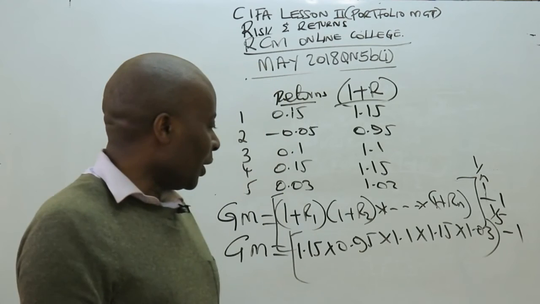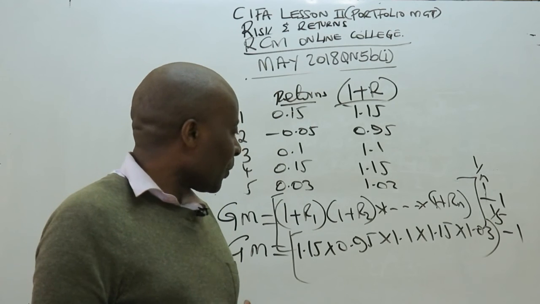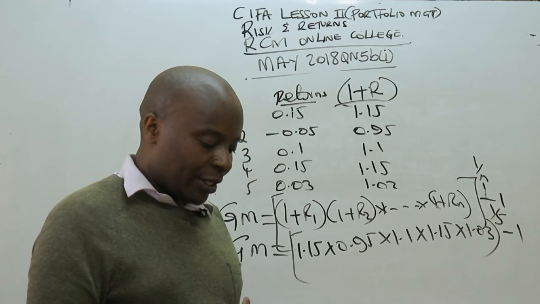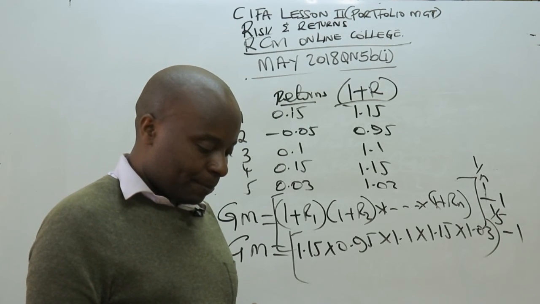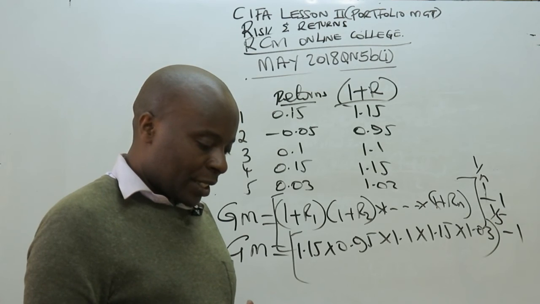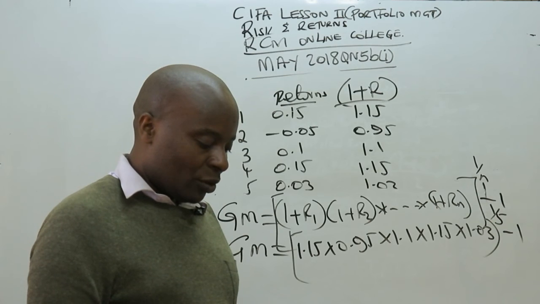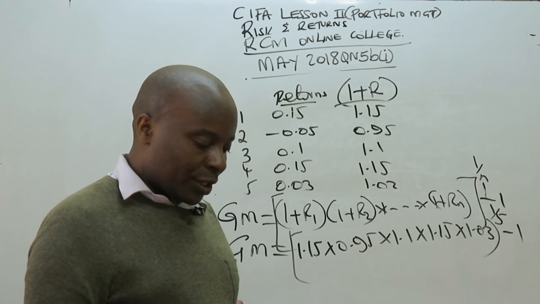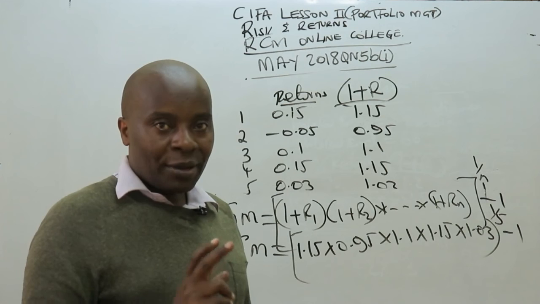So we have here 1.15 times 0.95 times 1.1 times 1.15 times 1.15 times 1.03 equals whatever I get, and I'll raise it. I hope you're able to see the raised function.